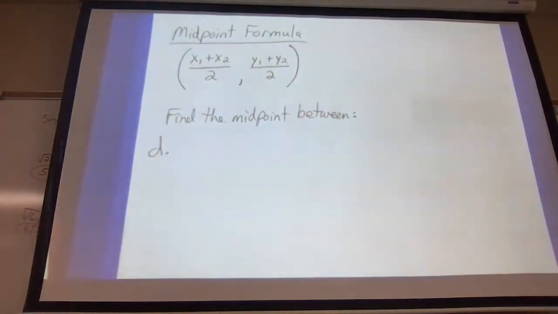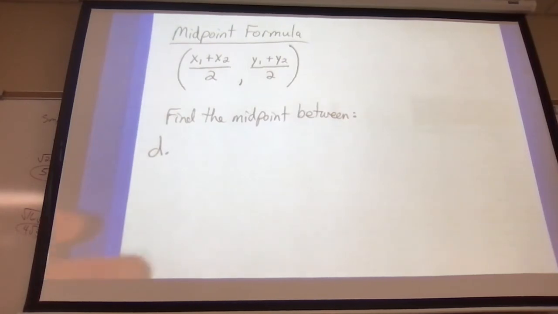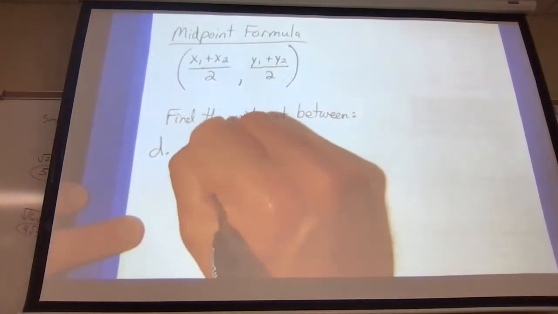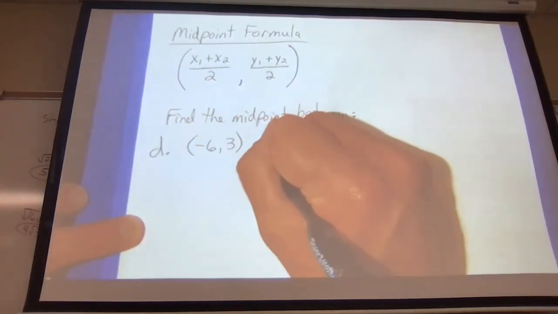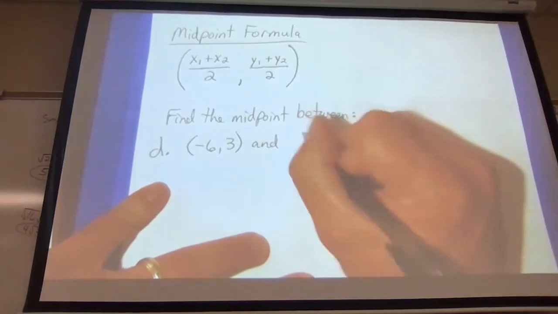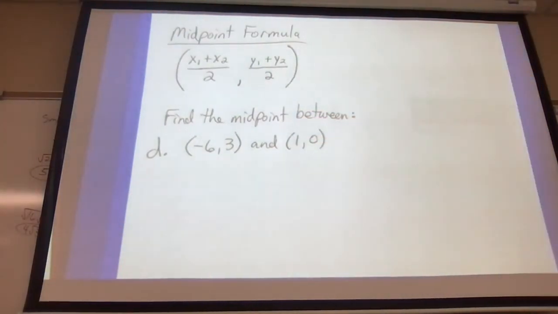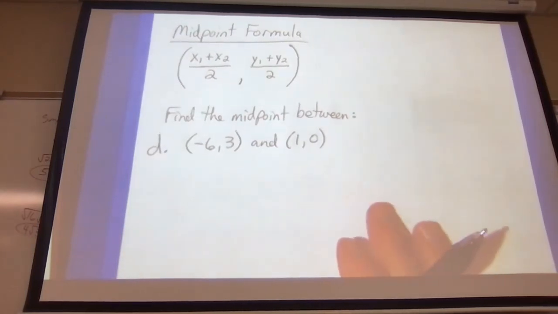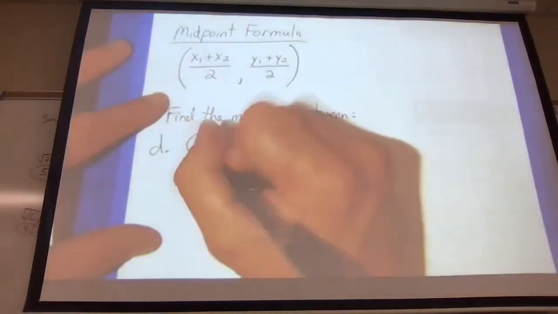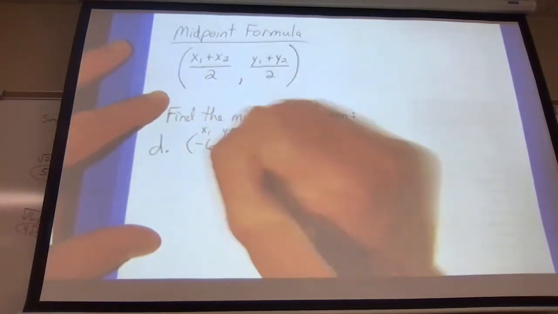Let's do letter D. All right, for this one, let's have our points be -6, 3 and 1, 0. Now, again, if you need to, label one of your points x1, y1, the other point x2, y2.